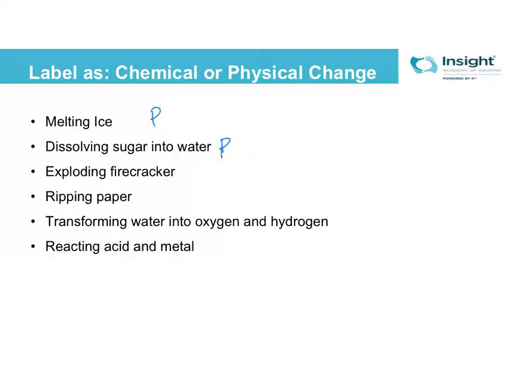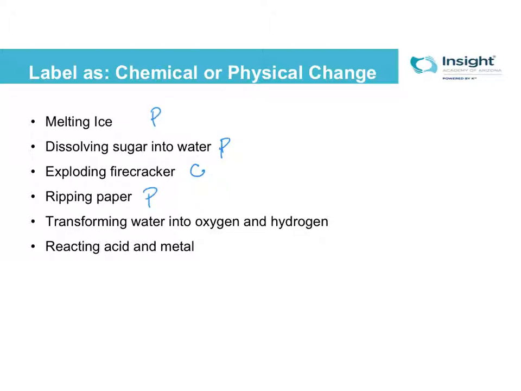And an exploding firecracker. This makes noise, this gives off light. It also changes colors usually. So those are 3 signs of a chemical reaction. So there's a chemical change. Ripping paper. If you take a piece of paper and you rip it in half, it's still paper. It's just 2 pieces instead of 1.